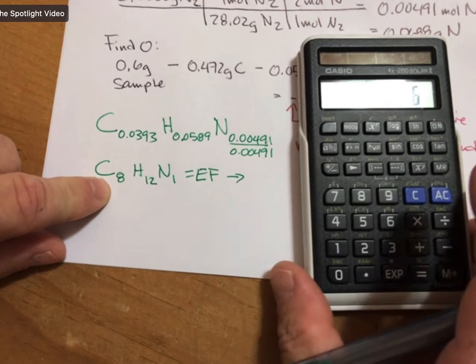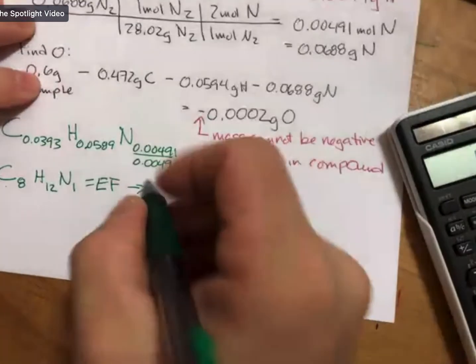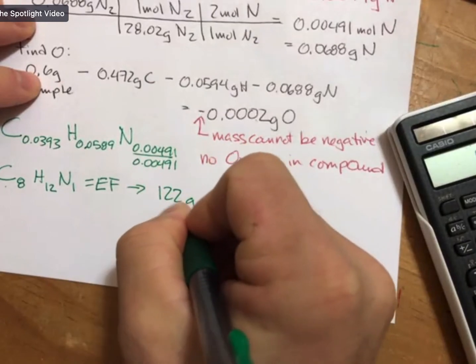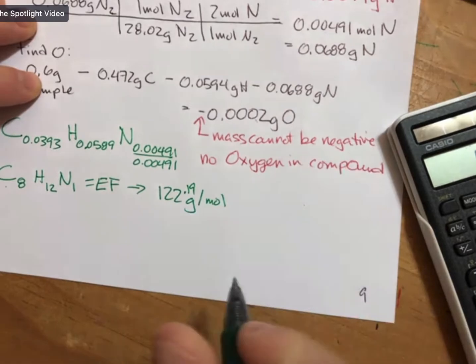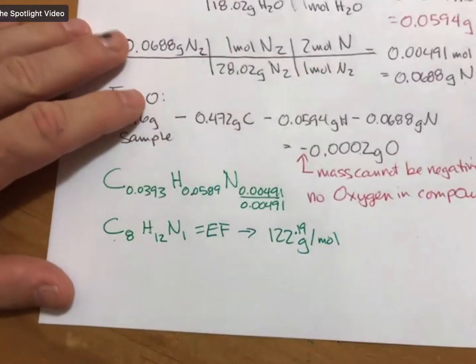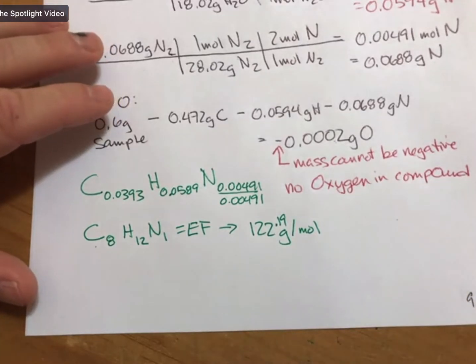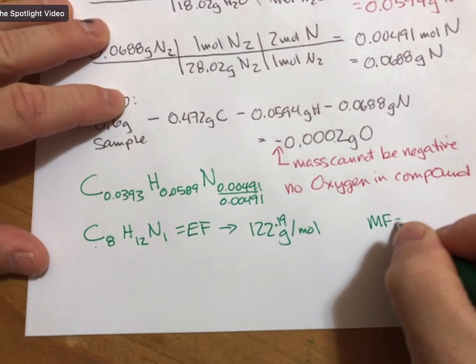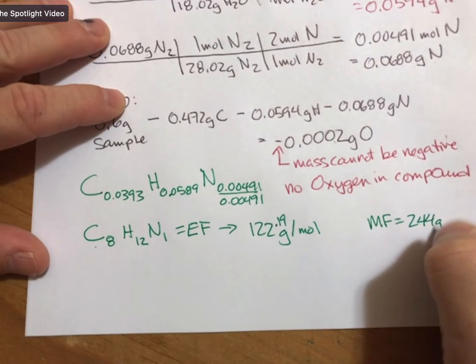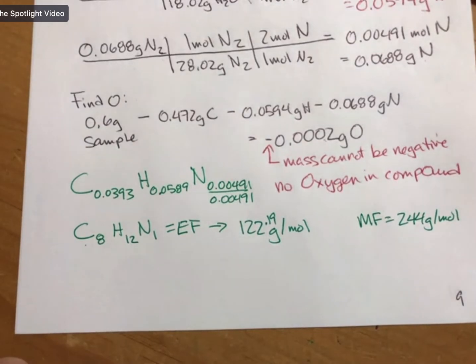We get something at 122, or 122.19 to be precise. Can anybody tell me what we have to do to get from empirical formula to molecular formula, knowing that the molecular formula has a molar mass of 244 grams per mole?